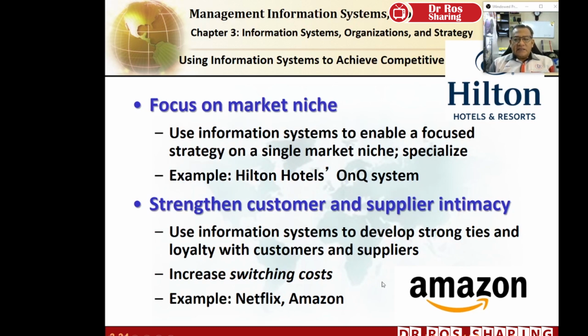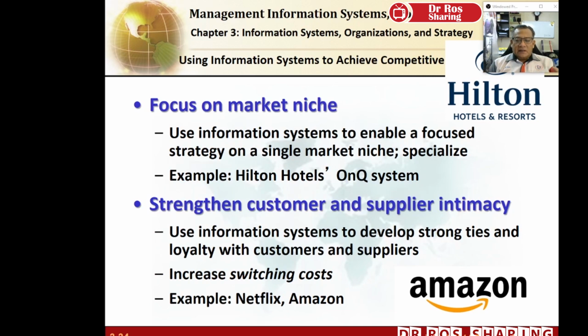And an IT system could be used to strengthen customer and supplier intimacy, of course. For example, if you purchase books at Amazon, normally you get your book within 10 to 12 working days. The book you order is normally sent from the US, and Amazon engages a courier or delivery company like FedEx, Federal Express, or UPS to send the book from the US to Malaysia.